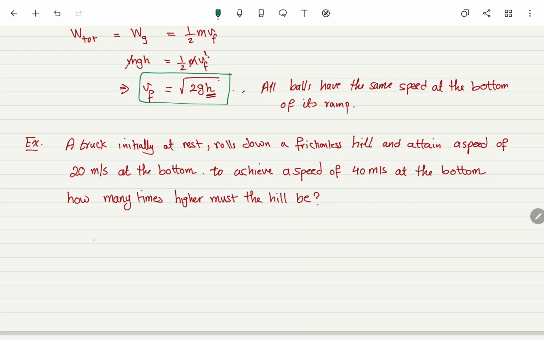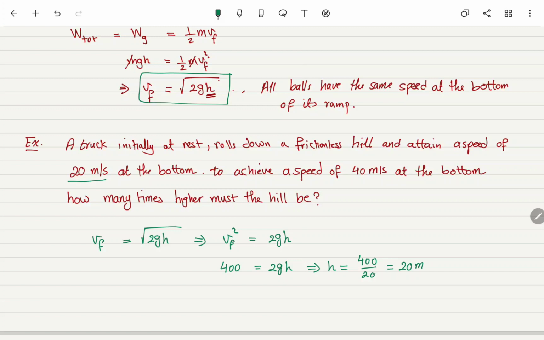So v final equals the square root of 2gh, or we can say v final squared equals 2gh. Now in the first case, the speed of the truck right at the bottom is 20 meters per second. So if we substitute 20 back in here, we get 400 equals 2gh. h in this case equals 400 over 20, in other words, 20 meters.